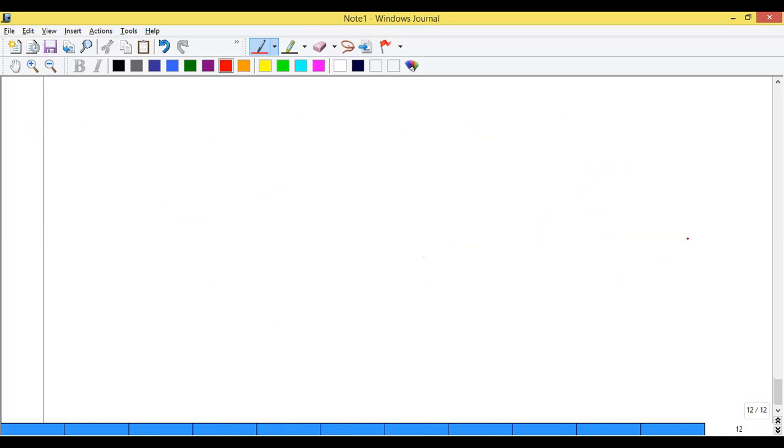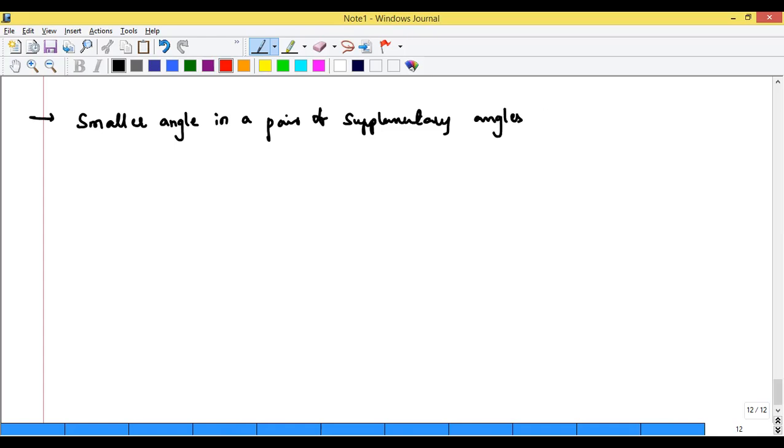Okay. If I ask you, the smaller angle in a pair of supplementary angles which differ by 20 degrees, I'm asking you, what is the smaller angle?